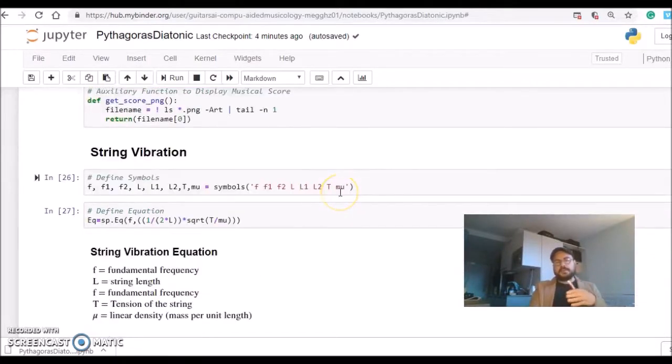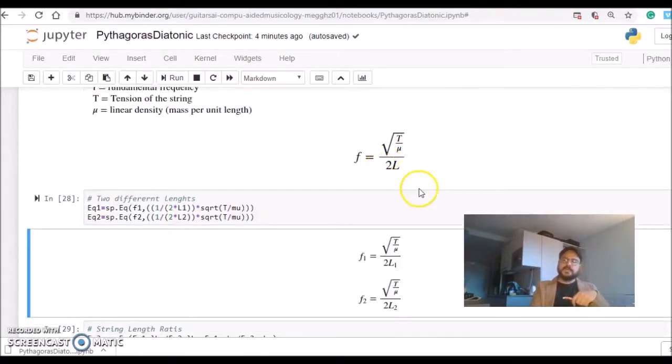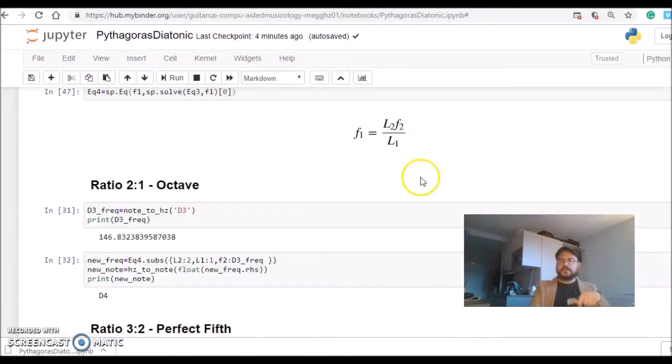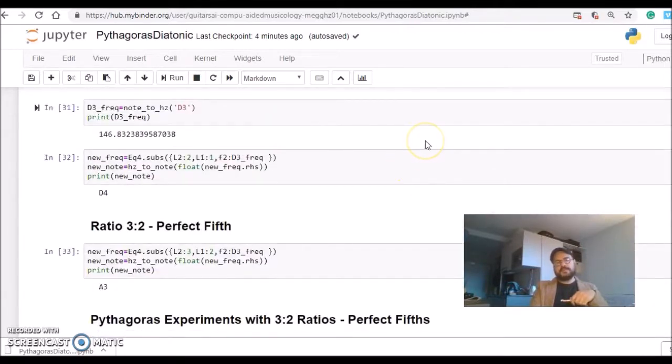An octave was a ratio 2/1, and it gave the most pleasant sound to the ears. And the second ratio that amazed him was the 3/2, which is the perfect fifth. And he based this whole process on using the perfect fifth, the ratio 3/2, to get notes inside these boundaries, a ratio 2/1, inside an octave.